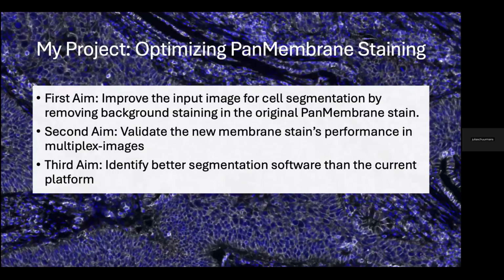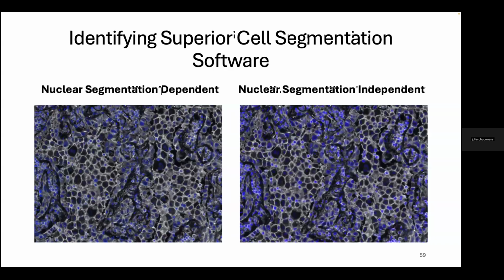My third aim was to identify better segmentation software than the current platform that we were using. Now, the current platform that we were using was, I'm going to backtrack a bit there. Cell segmentation can be done in 2 ways. There is nuclear dependent cell segmentation and there's nuclear independent cell segmentation. And what this means is that for nuclear dependent cell segmentation, the algorithm will first go in and highlight all of the blue DAPI signal to label that as an individual cell.